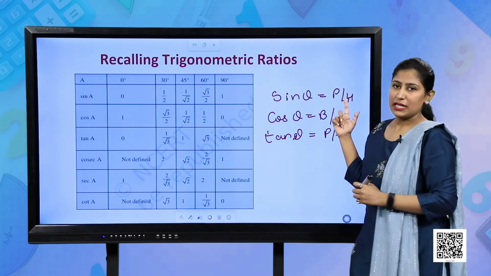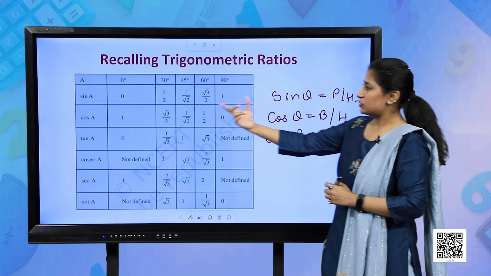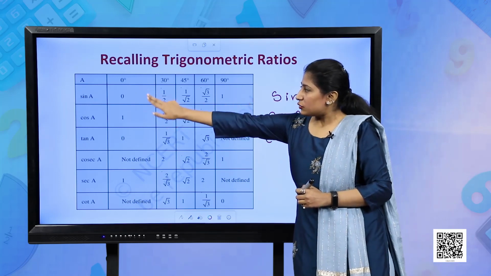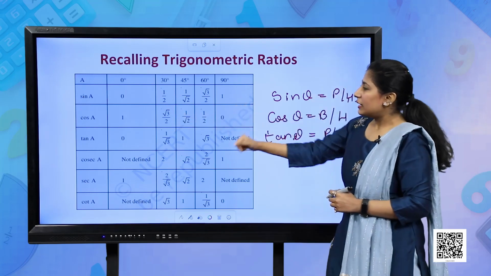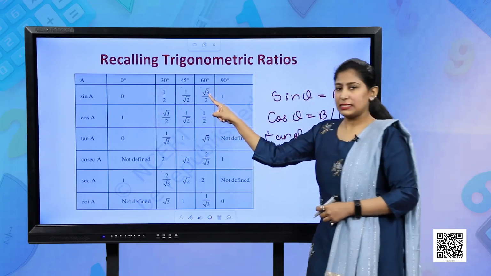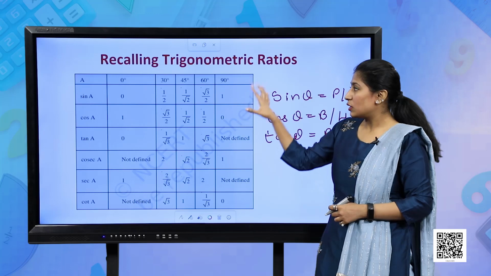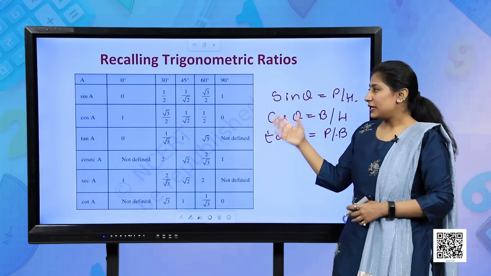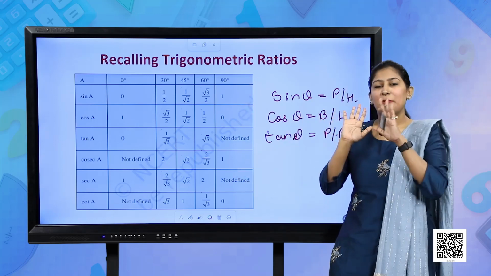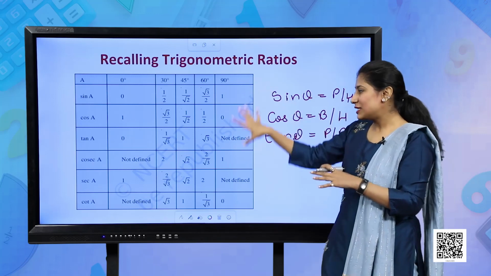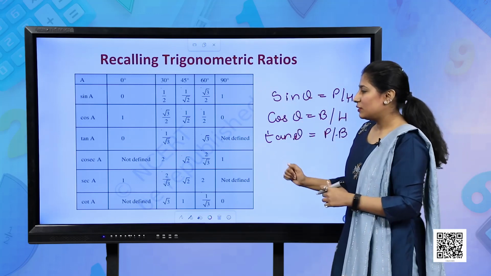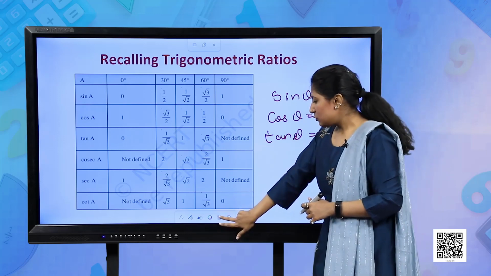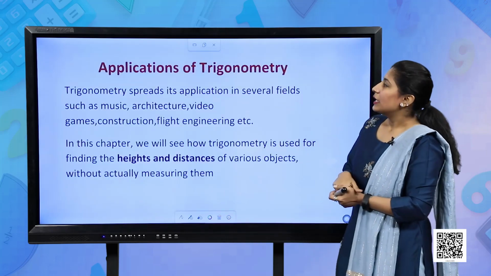Sin theta is P upon H, and on the basis of these, sin 0 degree is 0, sin 30 degree is 1 by 2. Similarly, cos 60 degree is 1 by 2. So this table, students, please get it printed and paste it on your almirah, because these values are very important. In all the word problems, these values will be used. So let us move on to the next slide.